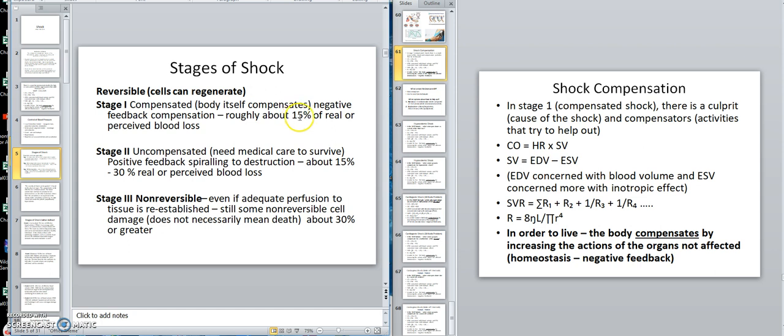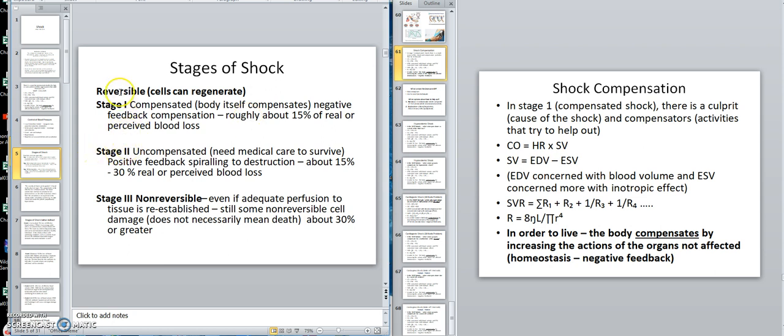Now, some may be able to go higher. Some people, if they are real good athletes or in real good shape, might be able to do 25%. You'll hear somebody say, wow, it was a miracle. He lost almost a third of his blood volume and he's still living. So sometimes, you're lucky.